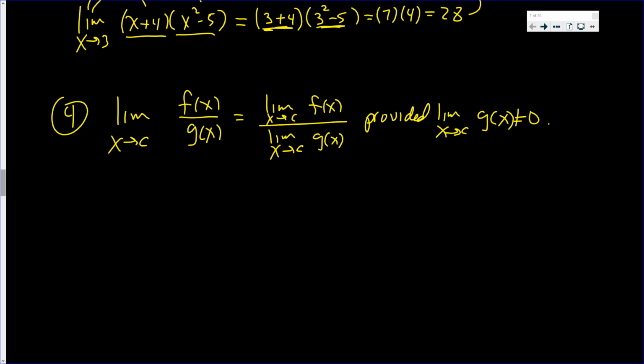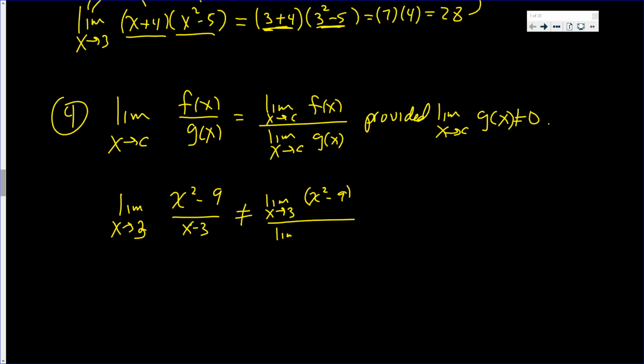So, for example, if you have the limit as x goes to 3 of this problem, you cannot say it's the limit as x goes to 3 of x squared minus 9 over the limit as x goes to 3 of x minus 3.